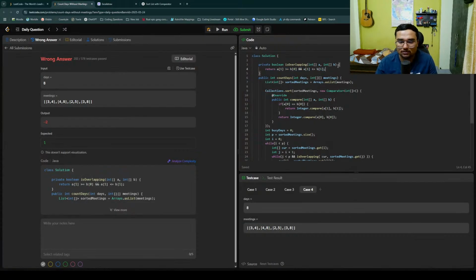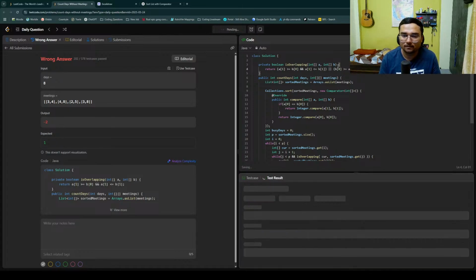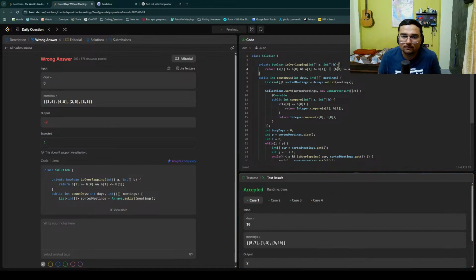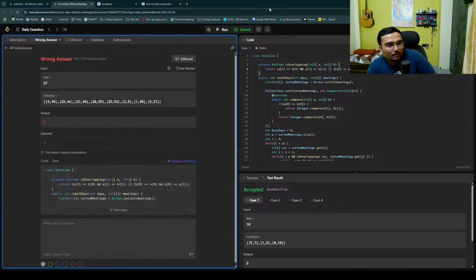So b of 0 is greater than equals a of 0 and b of 0 is less than equals a of 1, then they are overlapping, right? Let's see if this works. Come on. Again.